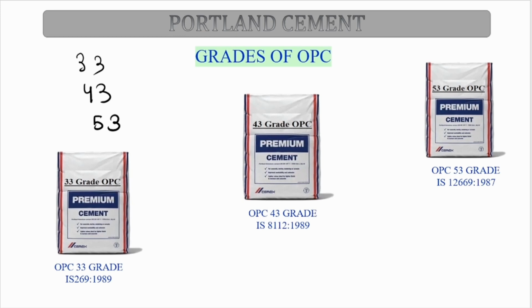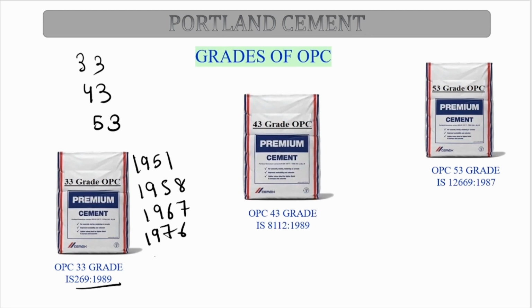If you go through these code books, you will find all the details regarding the specific grade of cement, like in IS 269 1989, which was first published in the year 1951, and it was revised again in 1958, then in 1967, then in 1976, and finally in the year 1989.